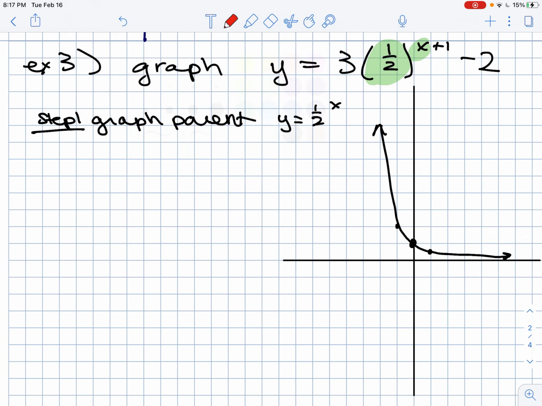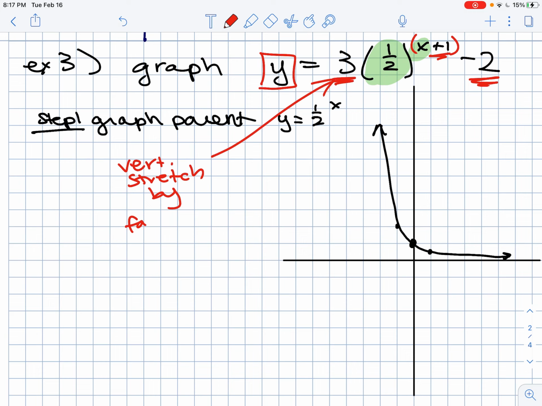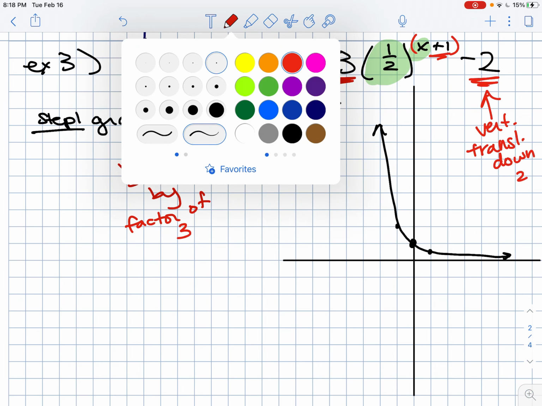Looking at our function of y here, we see there's a 3, there's a +1 on the x, and there's a -2. So remember that this 3 in front gives us a vertical stretch by a factor of 3, which means everything's going to get 3 times taller. This is a vertical translation or shift down 2.